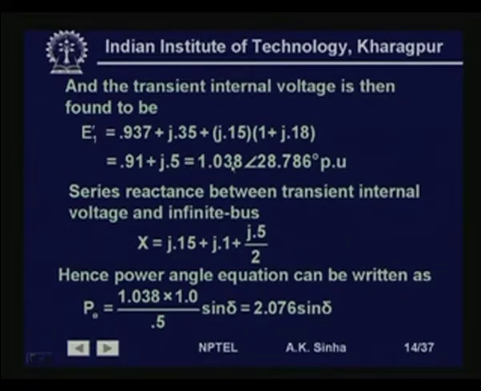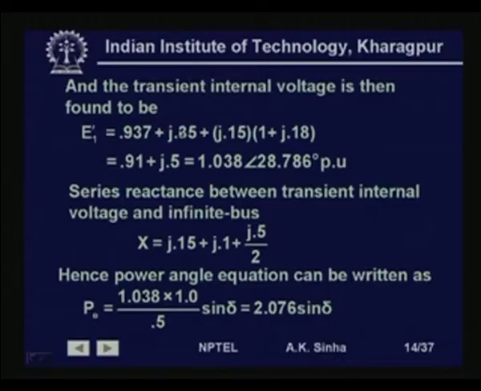Now, for the purpose of the stability analysis, as we had assumed earlier, the voltage behind the transient reactance remains constant, which means the magnitude value remains constant. This assumption we make because we are considering that the automatic voltage regulator is quite slow.